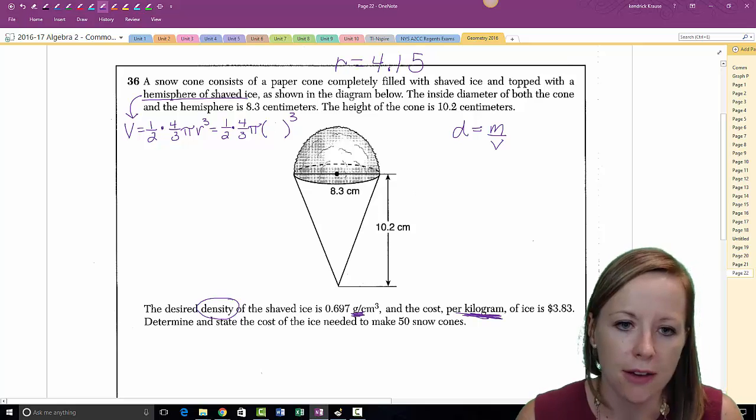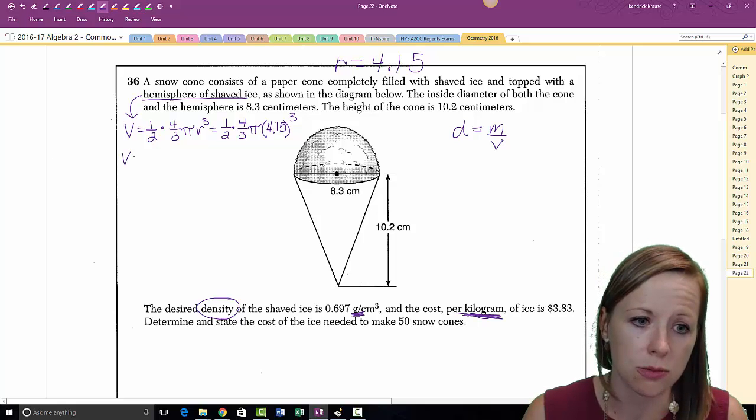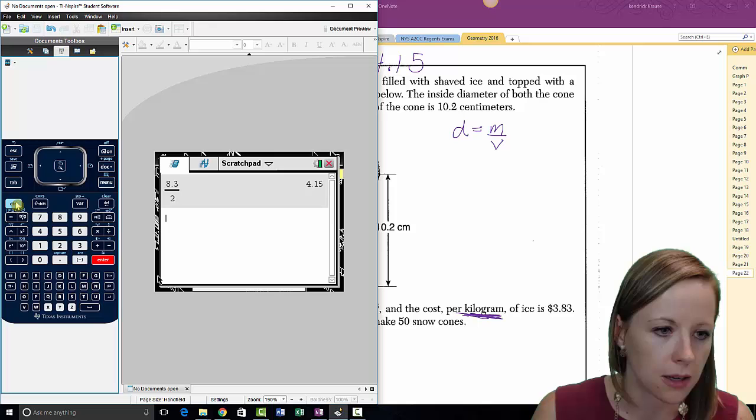So 4.15 is the number that goes in here. And I'm just going to type all of that into my calculator. So this is the volume of the hemisphere. I'm going to put hemi there. Okay. So control, divide, 1/2.